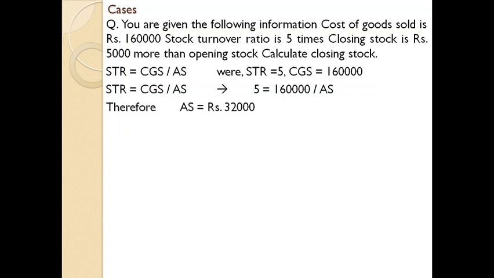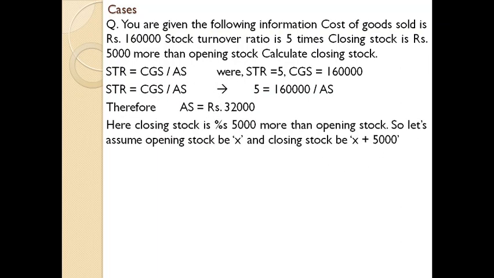Next, in the question it is said that the closing stock of the concern is 5,000 more than opening stock. We don't know the amount of opening stock, nor the closing stock. So let's assume that opening stock be X and closing stock be X plus 5,000.